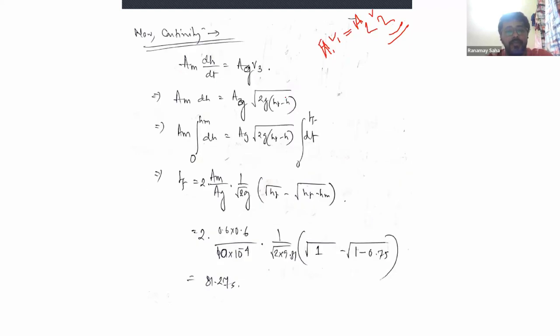We plug in the values and integrate to find the mold filling time TF, which is 2 Am over Ag root 2g times root Ht minus root of (Ht minus Hm). Ht is the total height, and Hm is the mold height. Am and Ag are the mold and gate area respectively. We plug in the values as given in the question, and we find that it is 81.27 seconds.